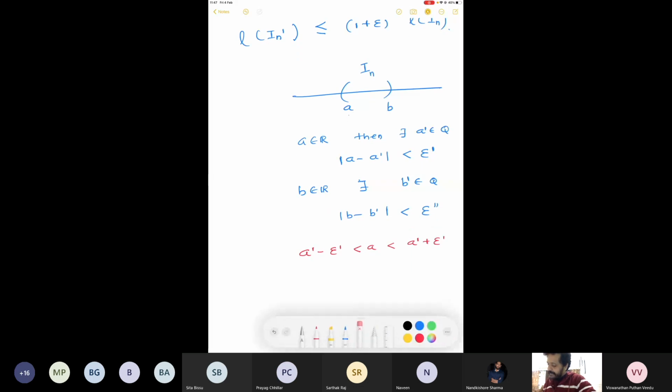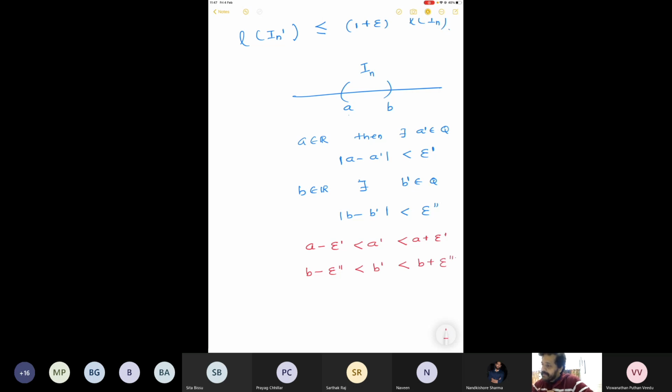Let me write it the other way around, because I don't know whether epsilon is rational or not: a minus epsilon dash is less than a dash, which is less than a plus epsilon dash. It is possible. And similarly, b minus epsilon double dash is less than b dash, which is less than b plus epsilon double dash. I can find rational numbers a dash and b dash like this.